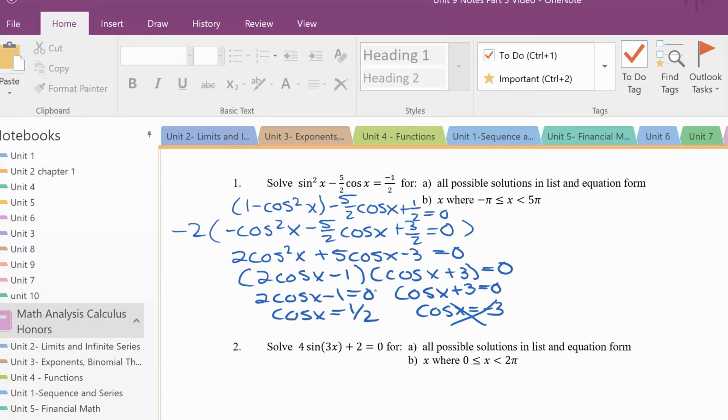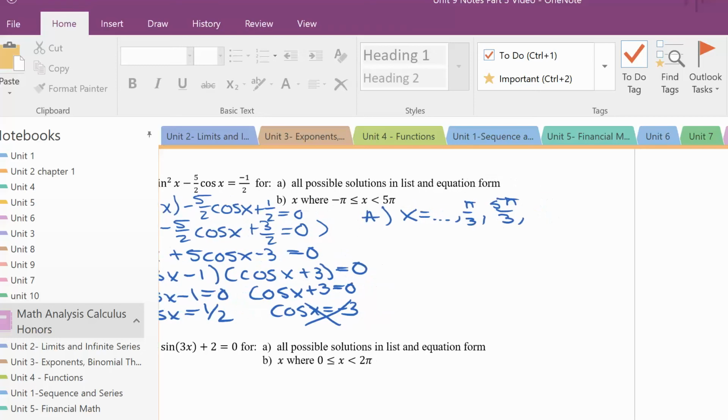Now it's equal to 1 half, so if you want to list the solutions, it's equal to 1 half at pi over 3 and 5 pi over 3 in the first rotation. Then if you go beyond the first rotation, add 2 pi, you get 7 pi over 3 and 11 pi over 3.